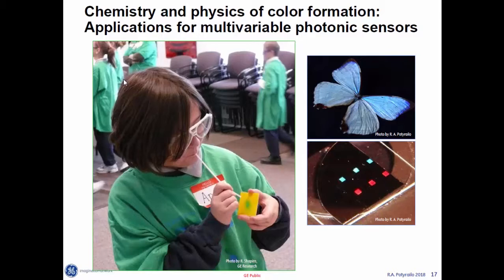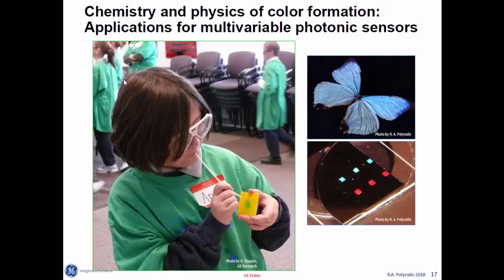To generate color or color changes, there are two principles on this planet to do that. One principle is to have a chemical reaction, or a dye or a molecule that has an electronic structure that will change as different gases affect that electronic structure. That's the color change of different pH dyes and a bunch of other dyes.